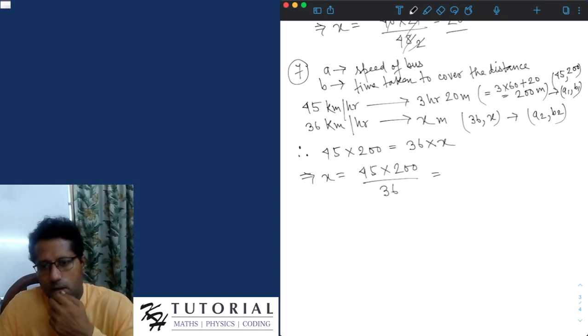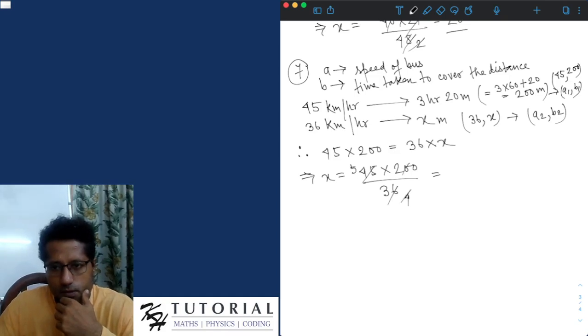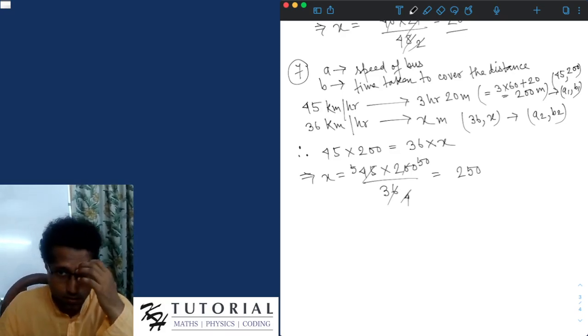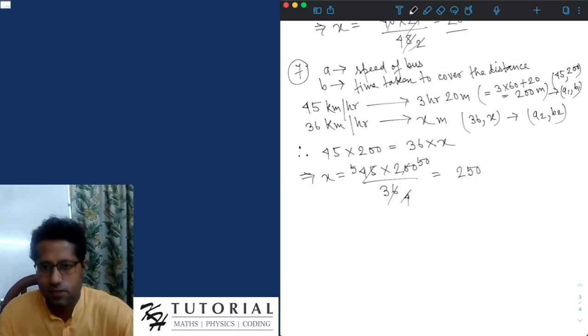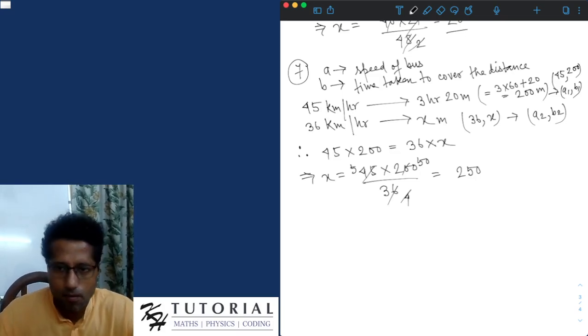This is 9495, and this is 50. So this is 250 minutes. So if the bus is traveling at a lesser speed, that is 36 kilometer per hour, it will definitely take more time.